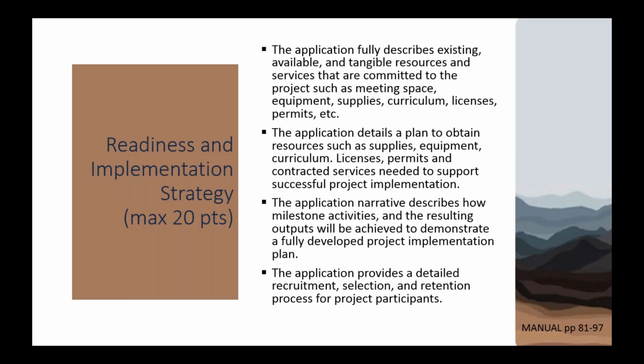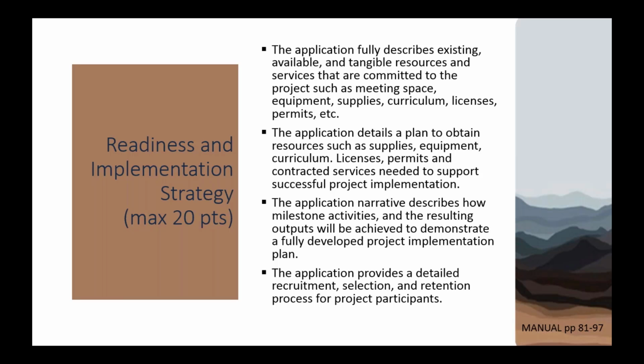The third element is the real meat and potatoes of the narrative. Using the completed OWP, the OWP you just completed, as your outline, you want to add the details that flesh out the activities provided in the OWP. You don't want to copy the OWP and paste it here. They're two different things.